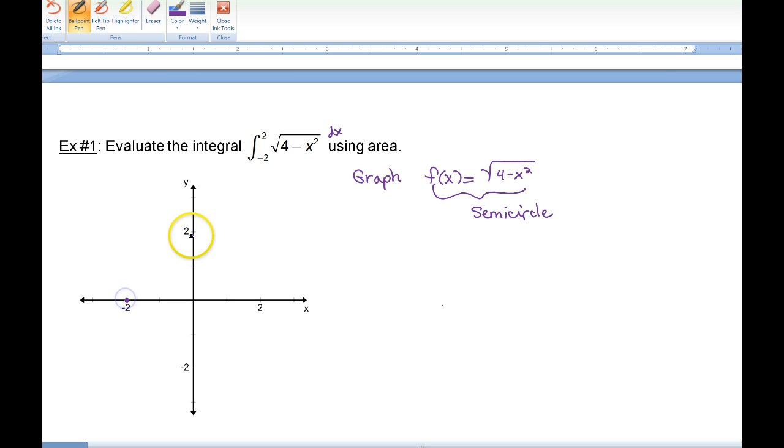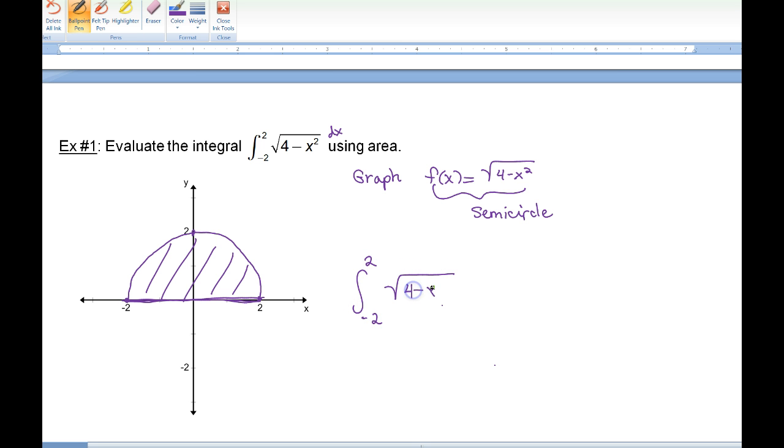But it has a radius of 2. Now, if there was a negative sign in front, it would just be the lower portion of the circle. Now, I want the area under the curve. When I say area under the curve, it stops at the x-axis. So we're picturing this region.